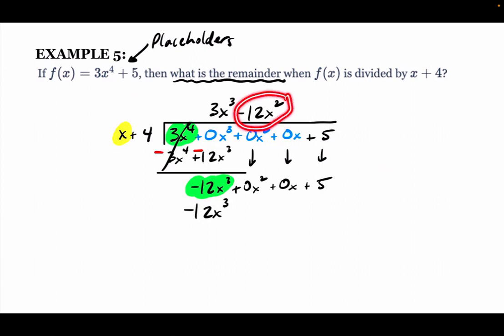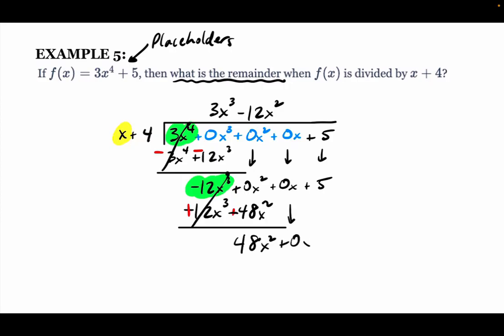Negative 12 times negative 4 is negative 48x squared. Change the signs. First guy should go away. The second guy, I get 0 plus 48 is 48x squared. Bring down the other guy.